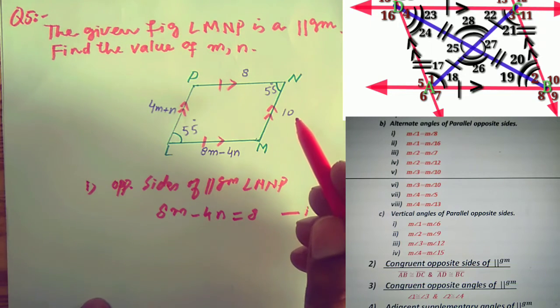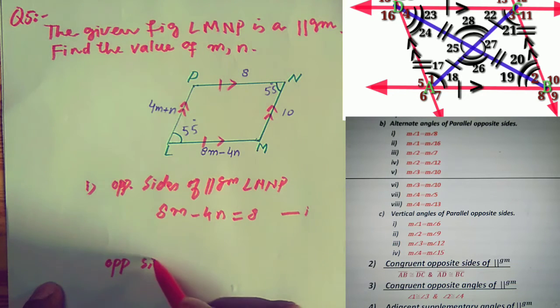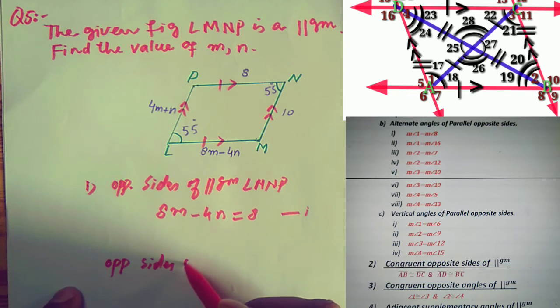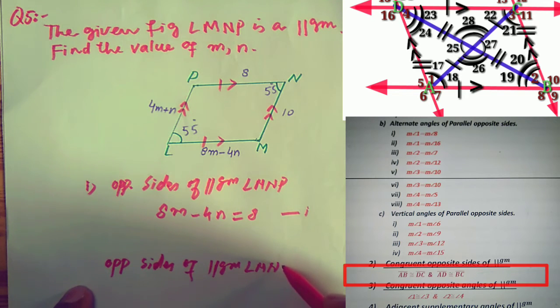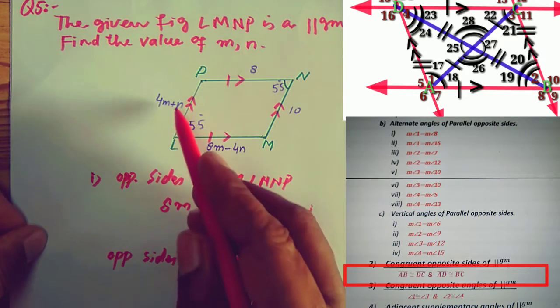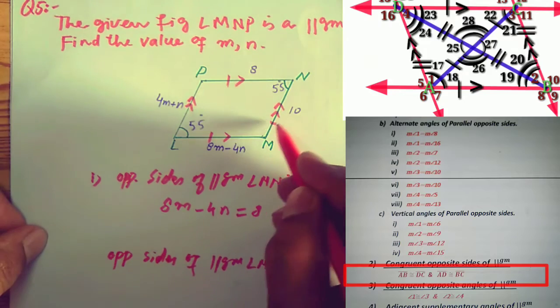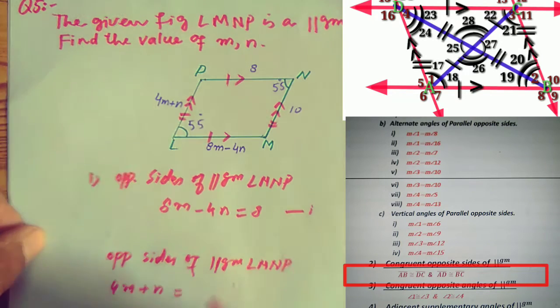After that, the other opposite sides of parallelogram LMNP are equal, in which 4m plus n is equal to 10.